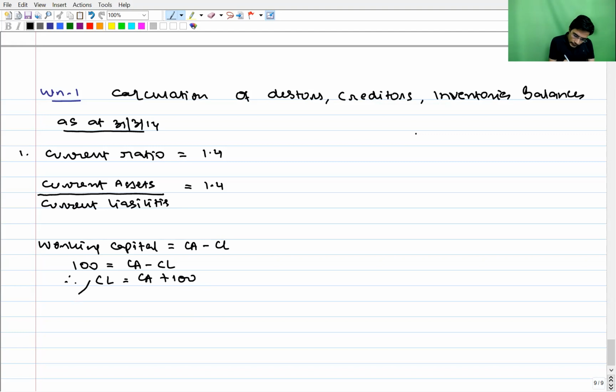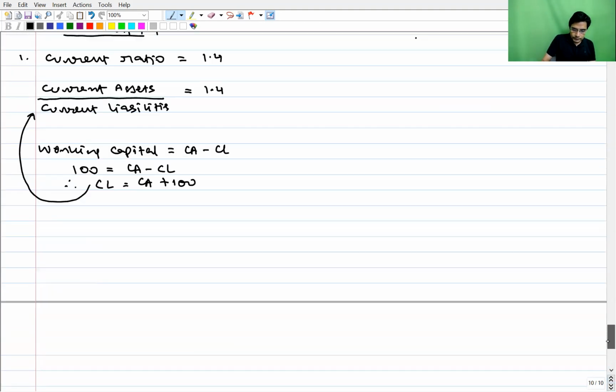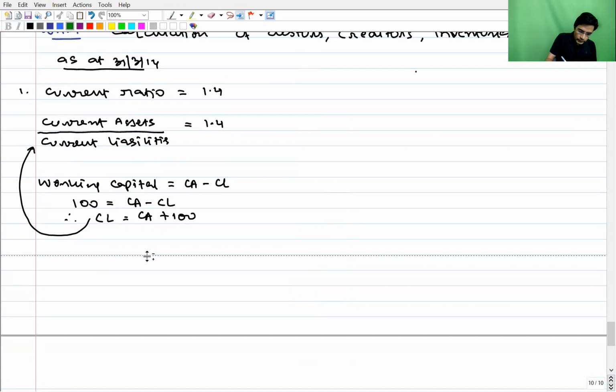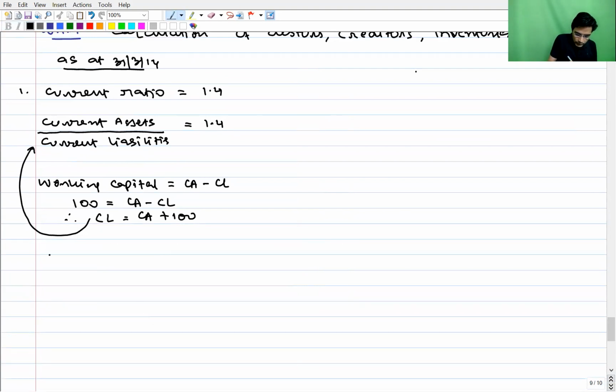We will put this reference of current liability in the above formula. Current assets divided by, instead of writing current liability, we are writing the reference of current liability in terms of current assets, which is current assets plus 100. Then we can get current assets from this formula.